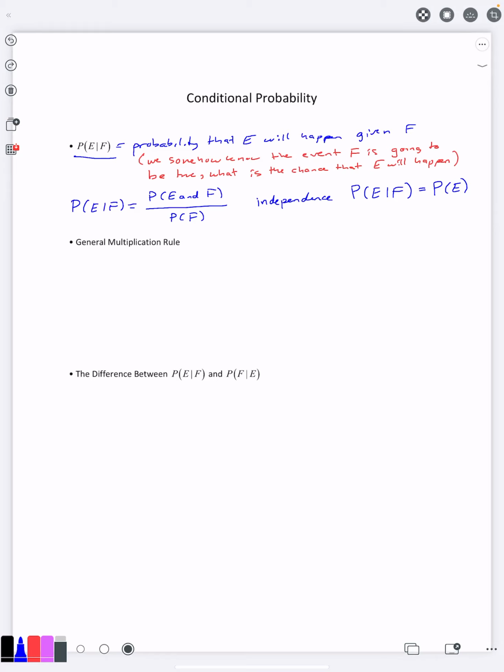And in particular, we're going to have the general multiplication rule now. So in the previous video, we had the multiplication rule that only worked when you had independent events. This one will work always.